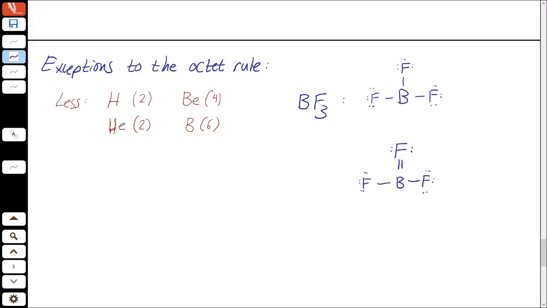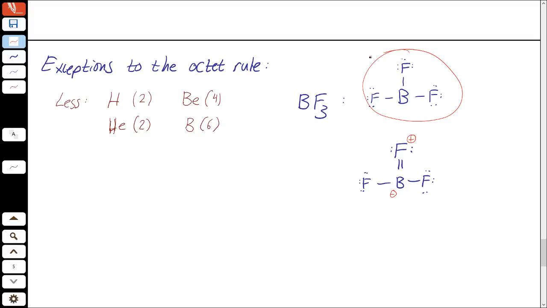But boron's formal charge is going to be -1, and fluorine's formal charge is +1. And the actual, more correct structure for boron trifluoride is this here.